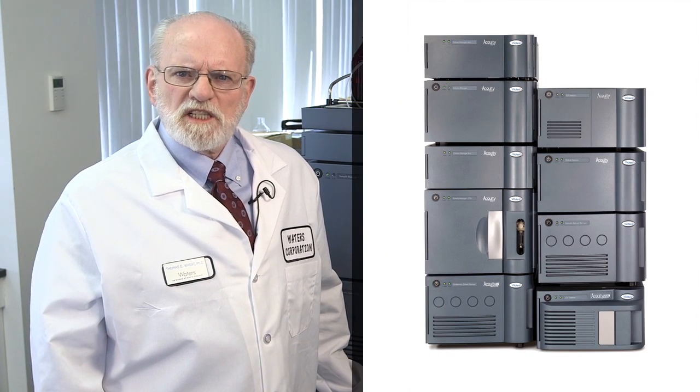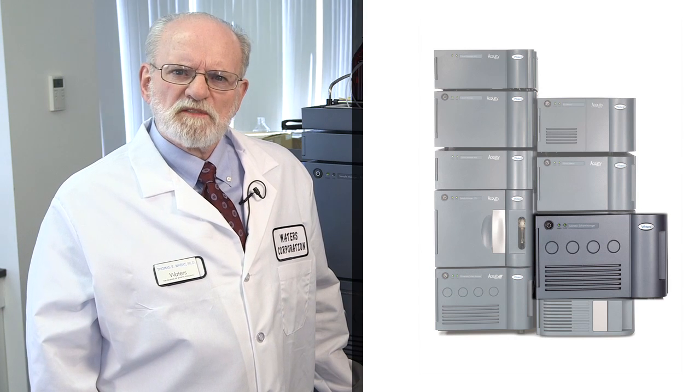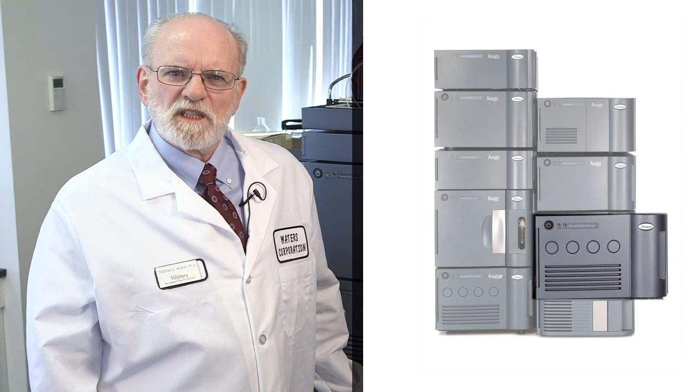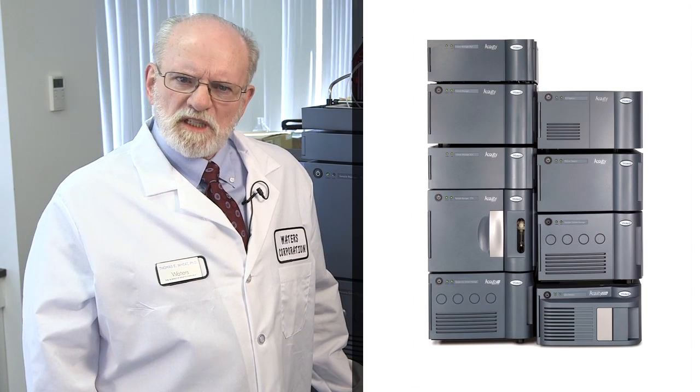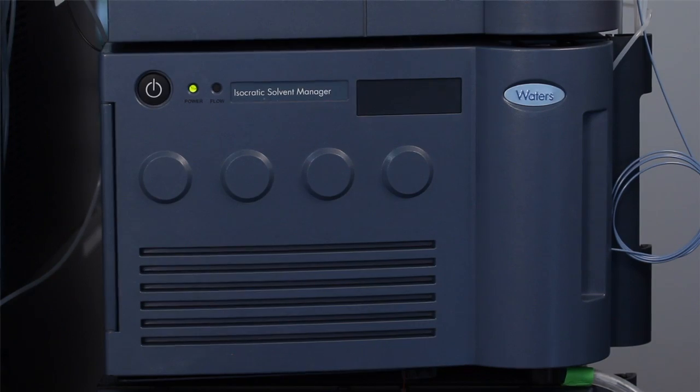To help you accomplish the split and dilute technique, we have developed an ACQUITY isocratic solvent manager. It includes a set of restrictor modules that can deliver different proportions of dilution of the column eluate. Each restrictor has a different crossover restrictor to give different levels of dilution.